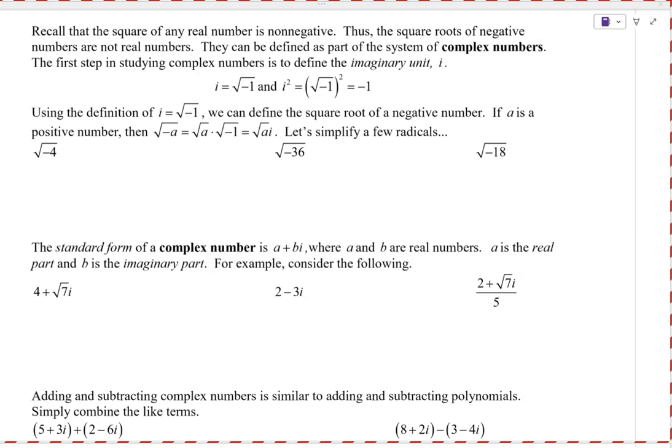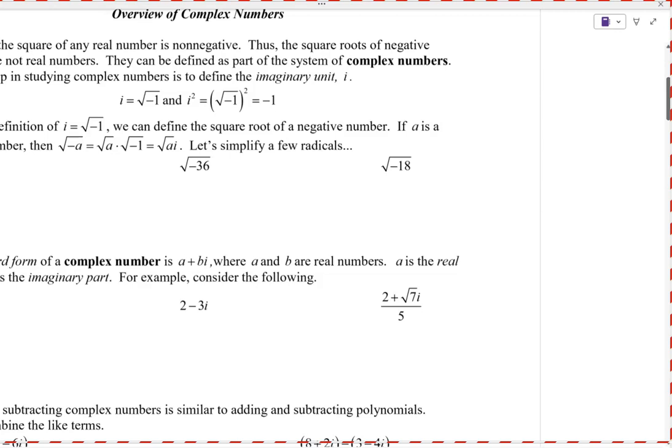So what are all these weird things on the board here or on the screen and on your paper where we've got square roots with negatives underneath them? Well, this is where we come up with what we refer to as complex numbers, and they pop up from trying to solve equations. So in particular, if you look at this equation, x squared plus 1 equals 0, well, if we think about it for real numbers, this doesn't have any solutions at all.